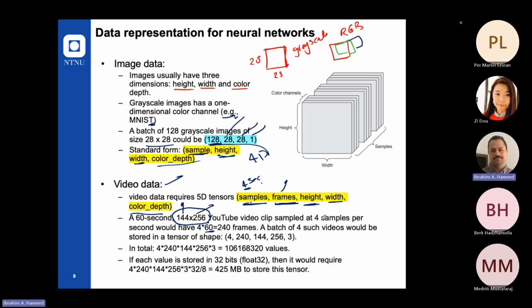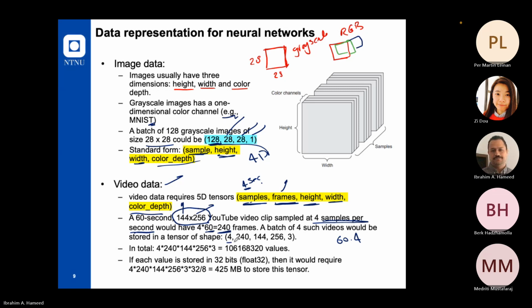Those video clips are sampled at 4 frames per second. It's 60 seconds, and each second has four frames. Low resolution, in fact. So the number of frames will be 60 times 4, which gives 240 frames.